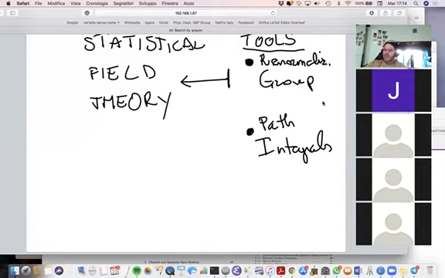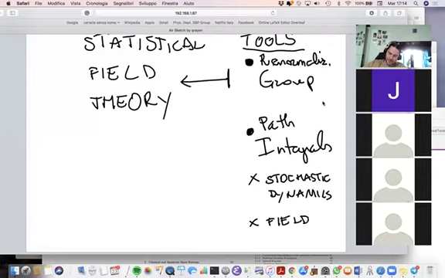And there will be additional ideas that we'll bring in occasionally, for instance, the idea of stochastic dynamics, so stochastic behavior, and the idea of fields and field theory.